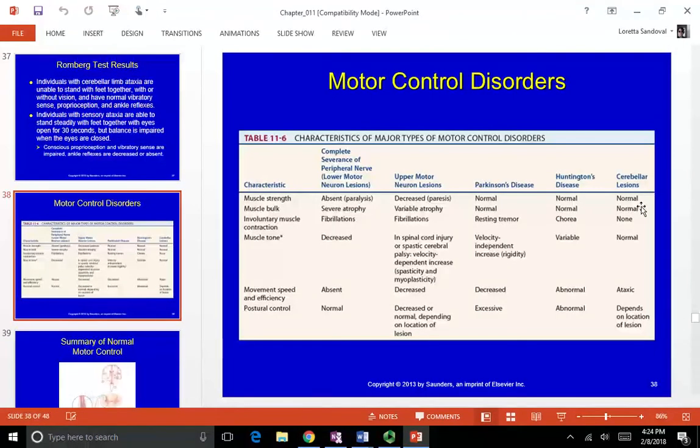We'll use the Romberg test for detecting some other things too, dependency on visual stimuli and that sort of thing. This is Table 11.6 from the book, which basically lays out all the different types of motor control disorders.